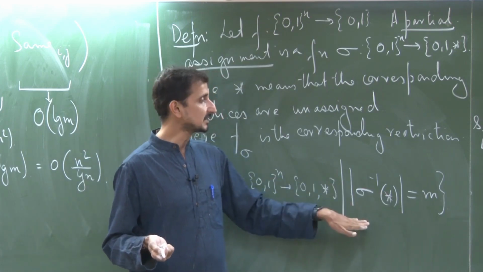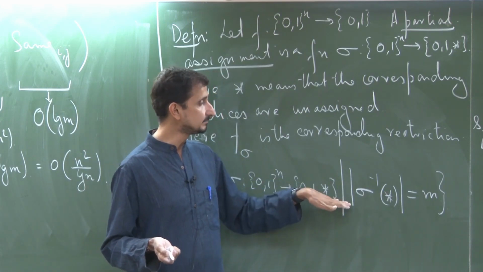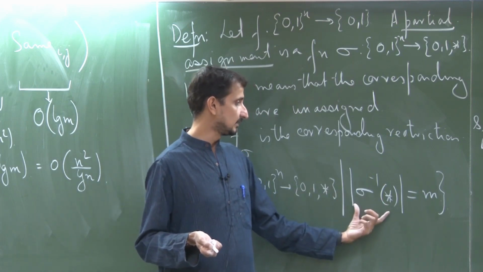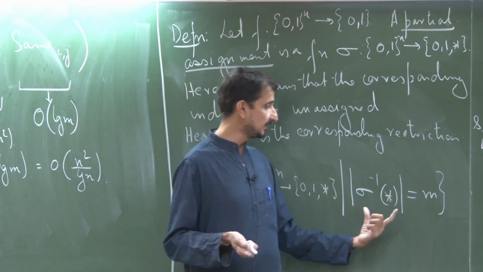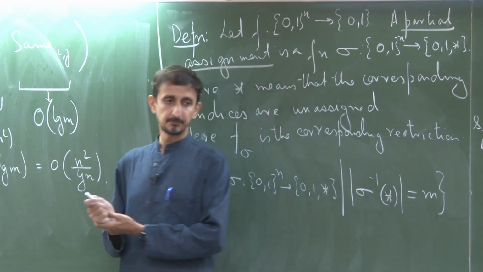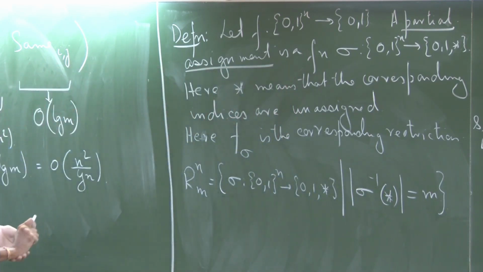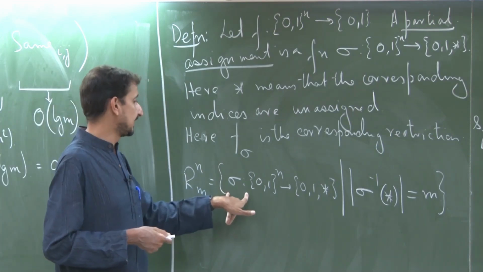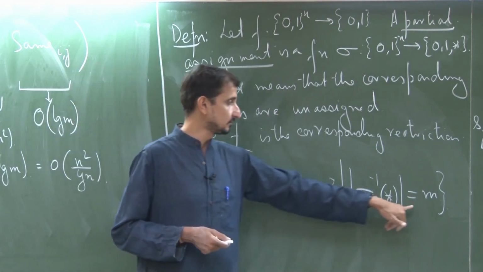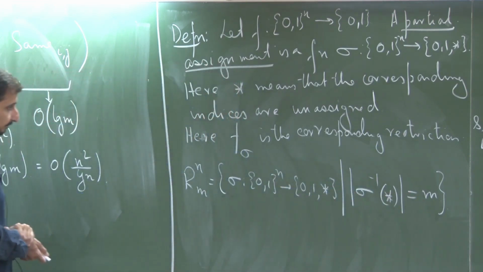I am just counting the partial assignments where the size of that set is equal to m. The maximum value of m can be n.